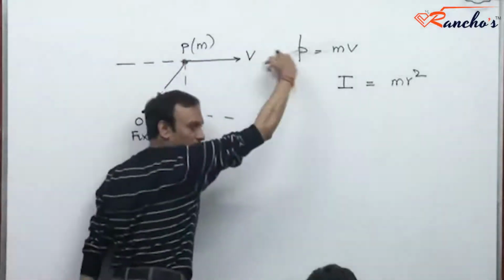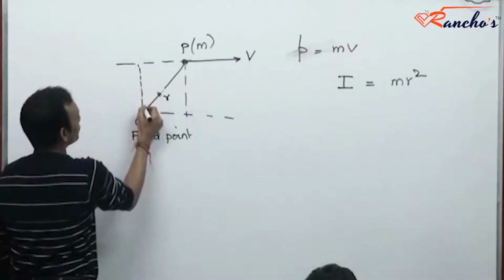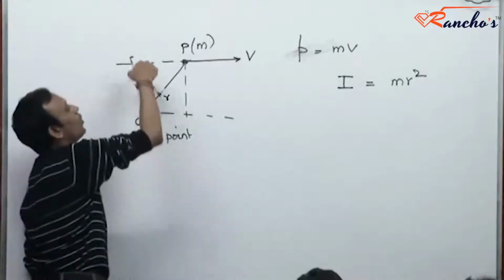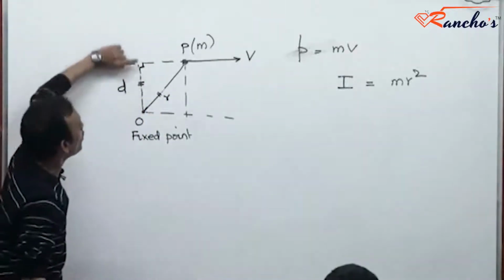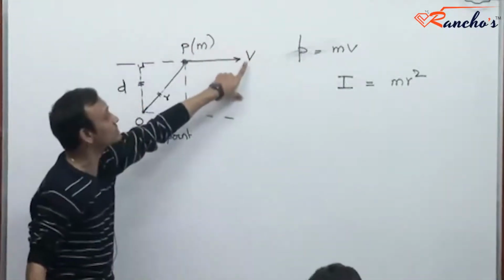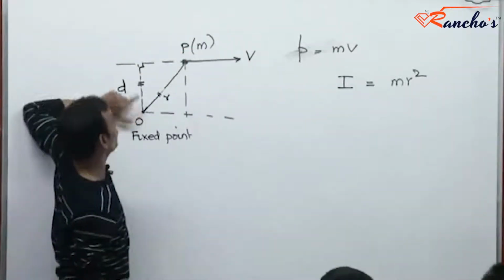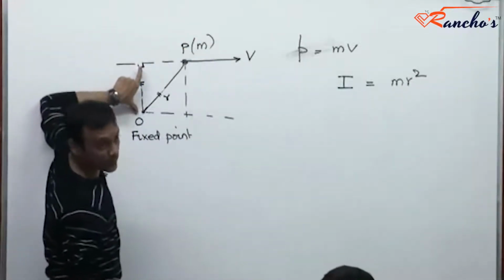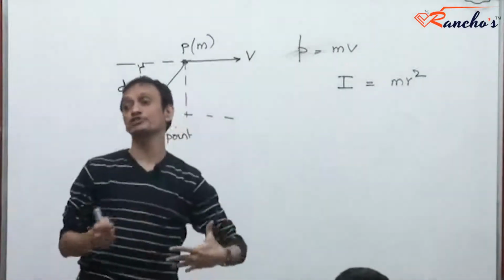From this line of action of the velocity, if you drop a perpendicular from O onto this line of action, which is D, D is the perpendicular distance of the line of action of the vector V from the fixed point O. Then we have another entity defined.